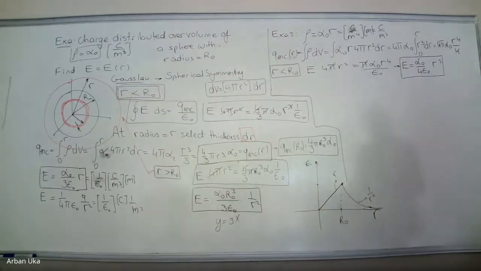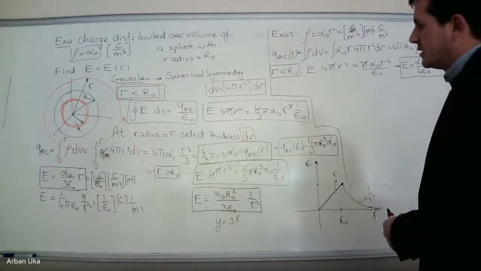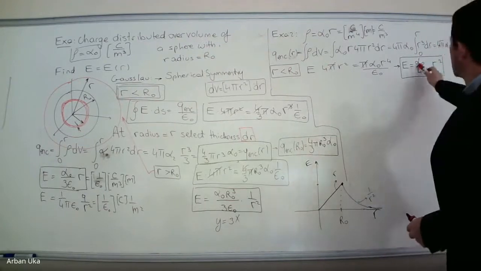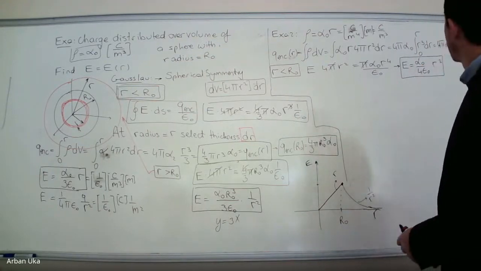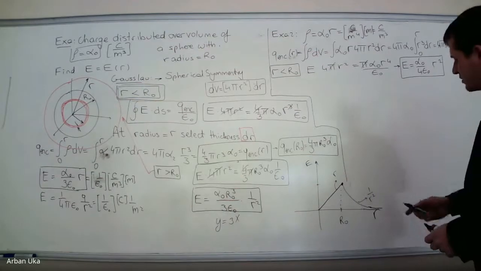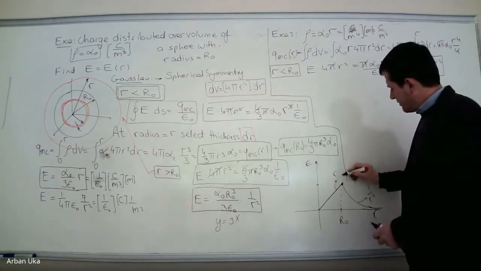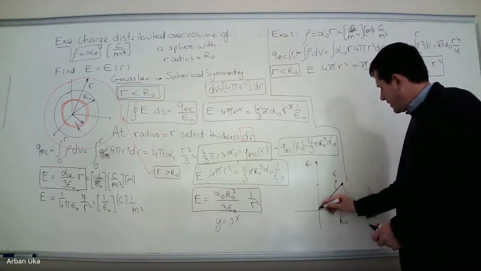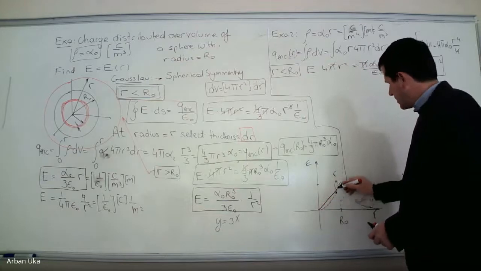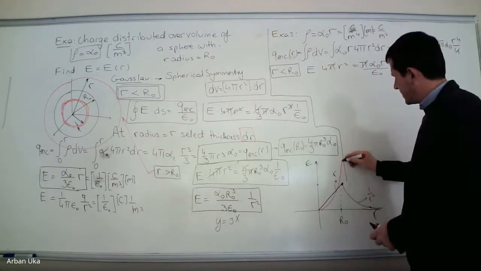Okay, so this is like times r squared. This means that we may have to compare the expressions, alpha 0 divided by 4 epsilon 0 r squared. So this means that at the same r, this is going to increase a little faster. Okay.